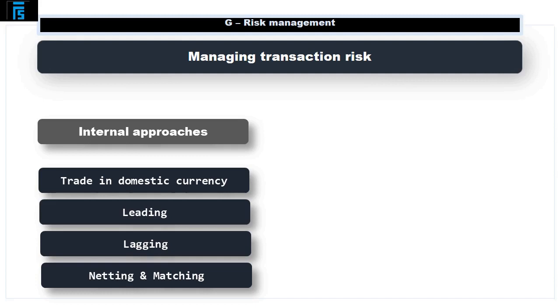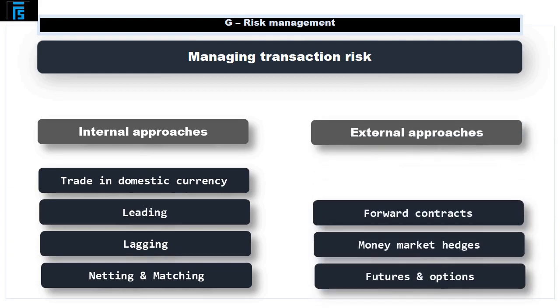Netting and matching involves creating payments in foreign currencies so that monies received do not need to be exchanged. External approaches include forward contracts, money market hedges, and futures and options, and these are discussed in more detail below.